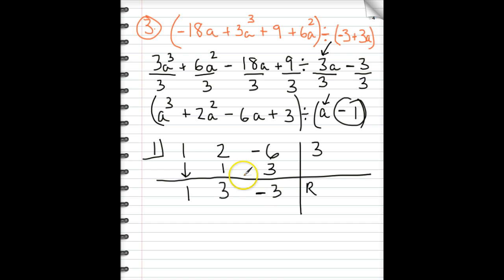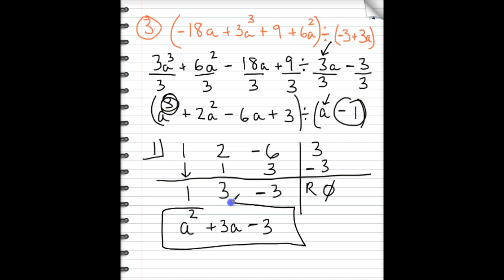Multiply back. -3 times 1, -3. 3 plus -3, remainder of 0. I like that. The original problem had a highest power of 3, so our answer goes down to 2. So we have 1a to the second plus 3a minus a constant 3, and there is no remainder, so that is a wrap.